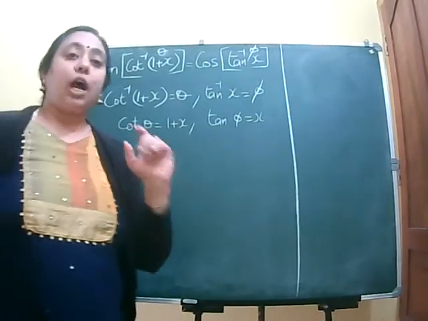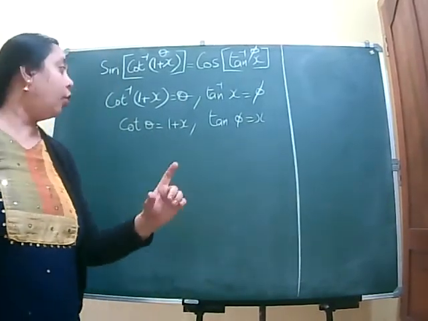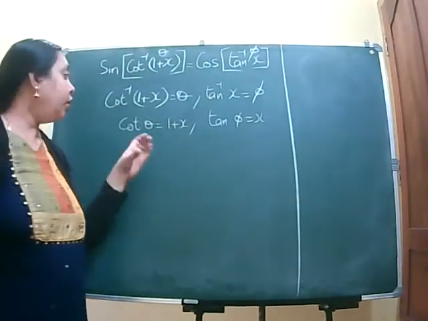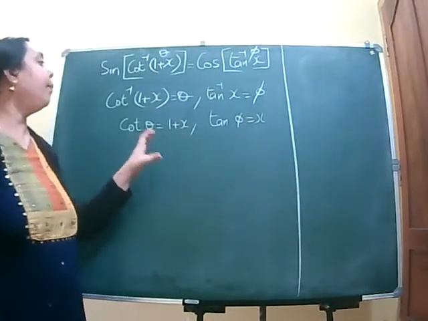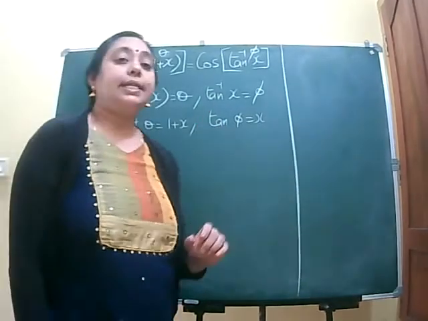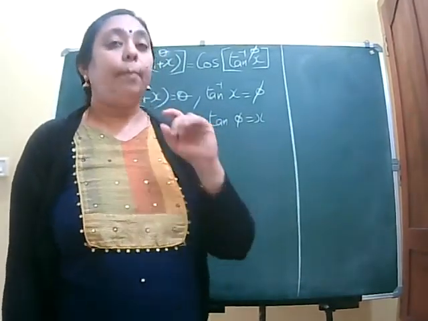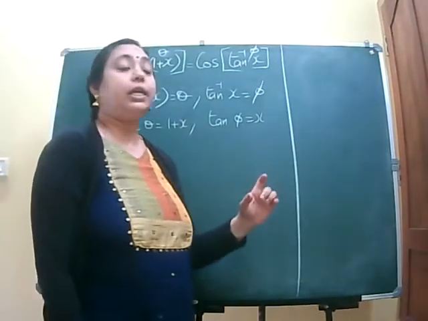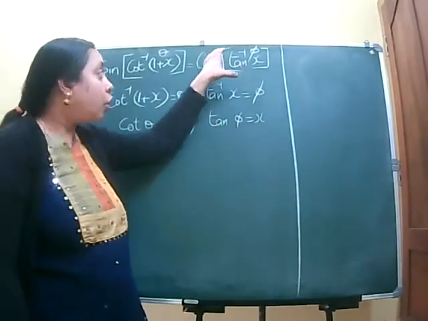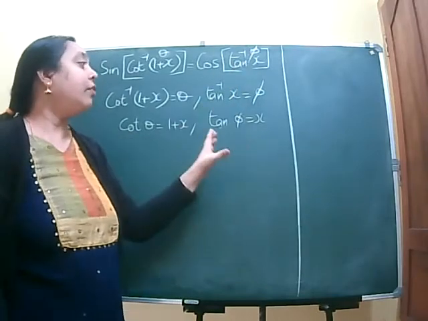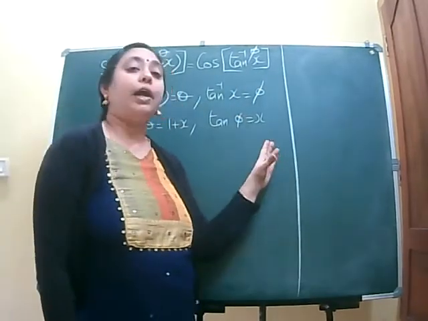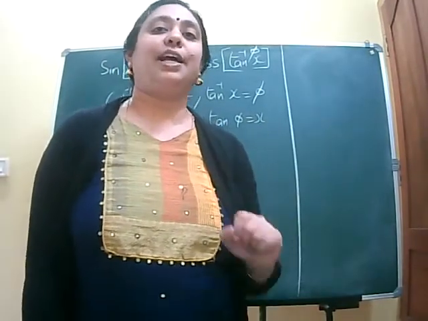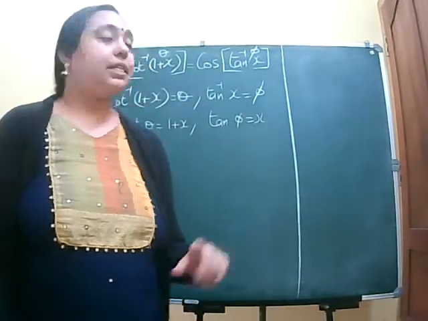Now, we have to find out the value of sin theta from the value of cot theta using a right angle triangle and Pythagoras theorem. Similarly, we have to find out the value of cos phi from the value of tan phi using a right angle triangle and Pythagoras theorem. Okay, so let us start.